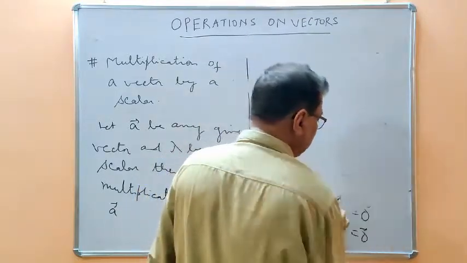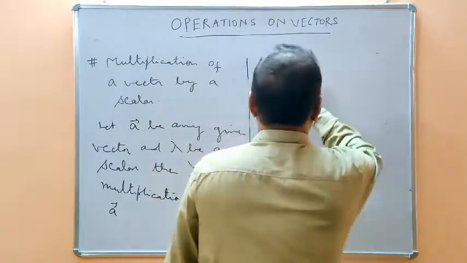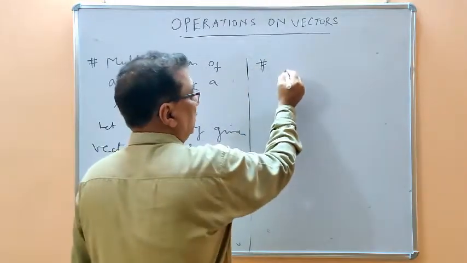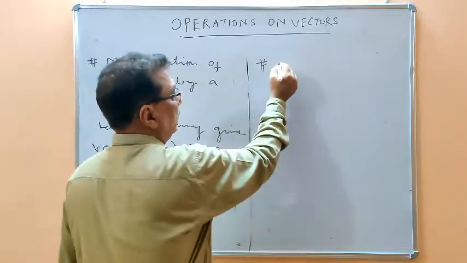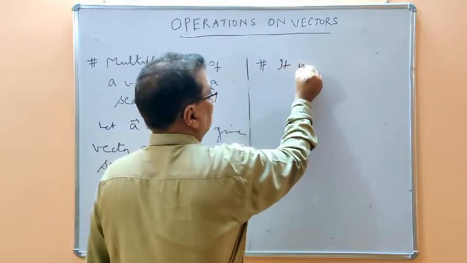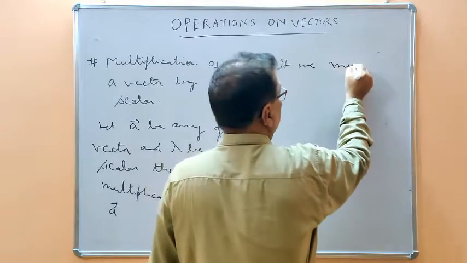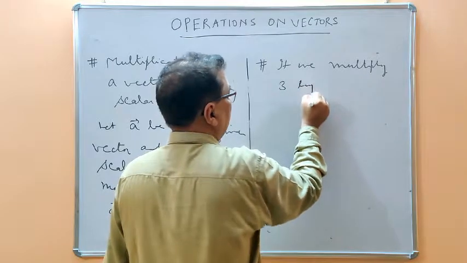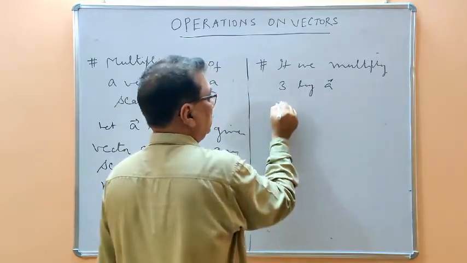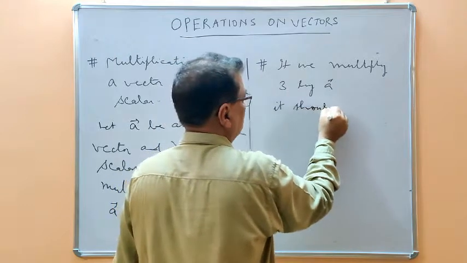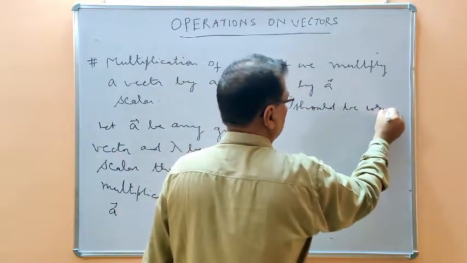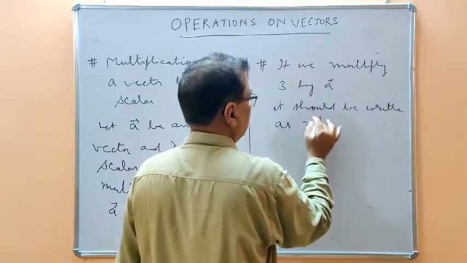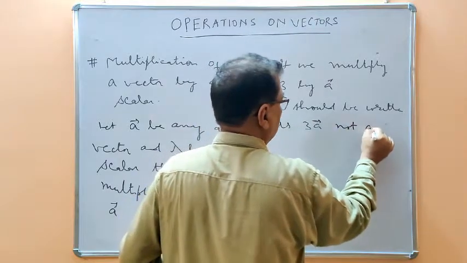Now we have a few characteristics here. The first important point: whenever we multiply, suppose we multiply 3 by A or A by 3, it should be written as 3A, not A3.